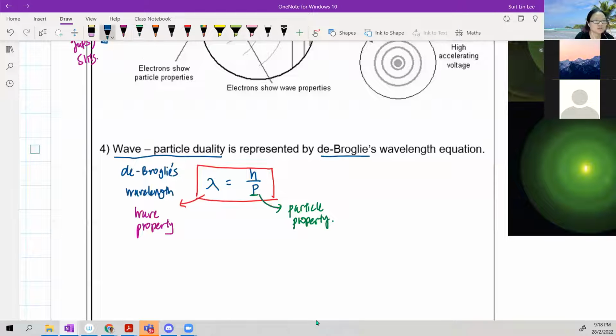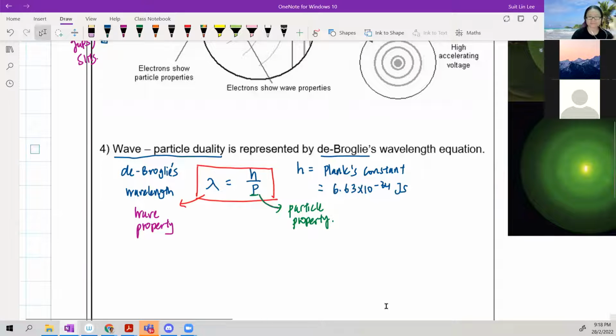And this h here is your good old Planck's constant, the one that we used in the last class. 6.63 times 10 to the power negative 34 joule seconds.